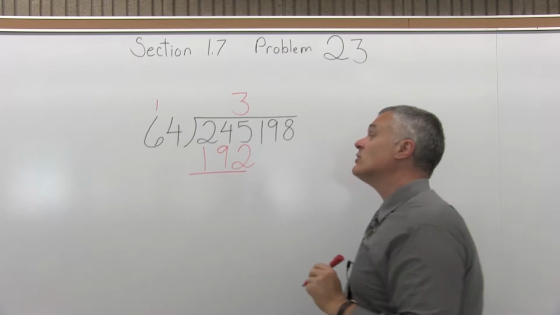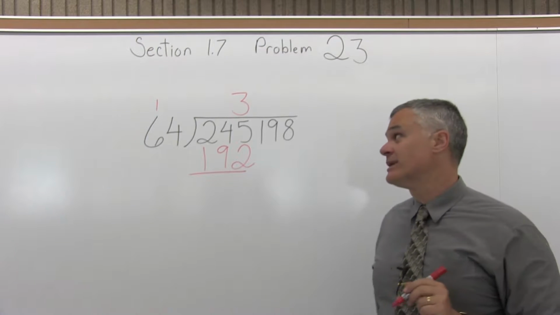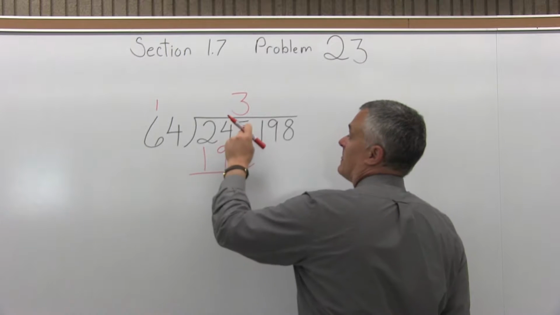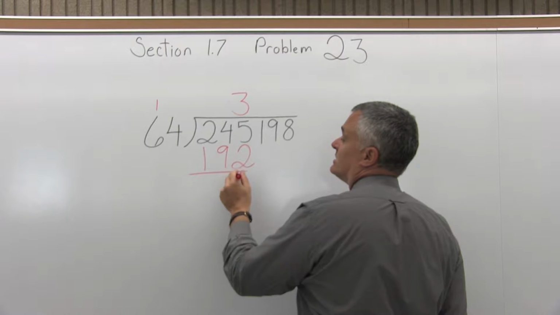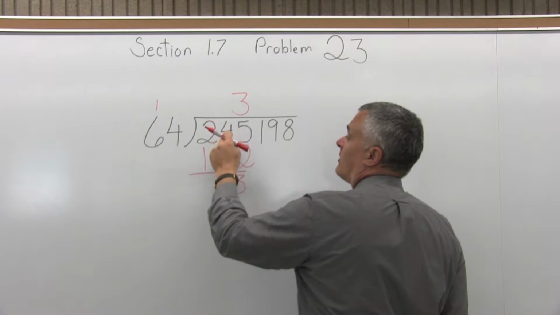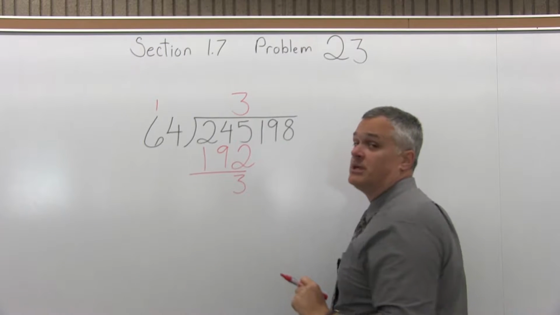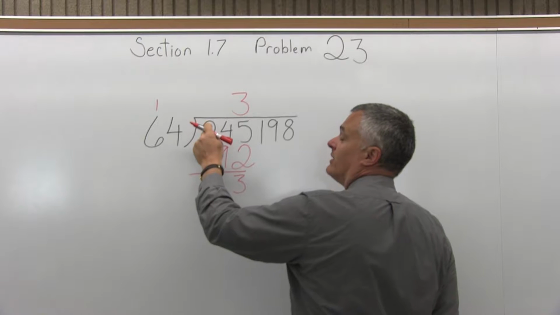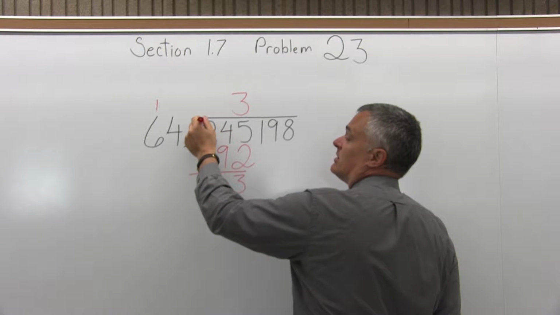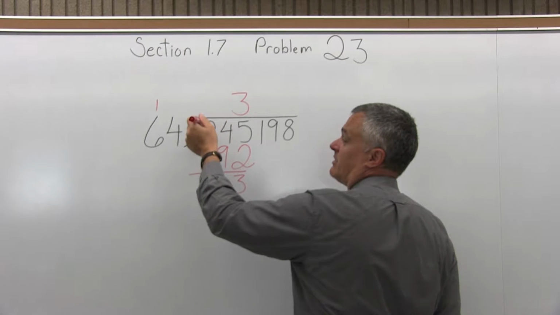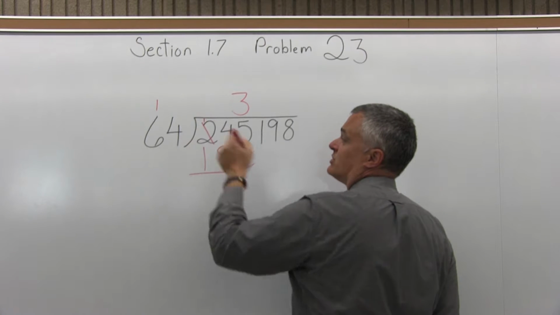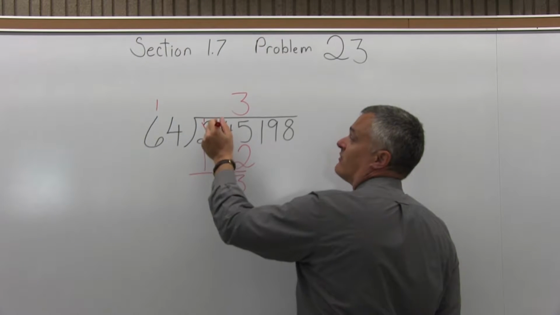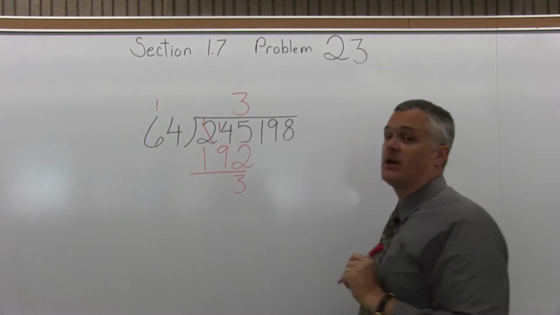Then I have to subtract 245 minus 192. So 5 minus 2 is 3. 4 minus 9, the 9 is too big to be subtracted from the 4, so I'll have to borrow. So I go 1 column of digits to the left, cross off the upper digit, which is a 2, reduce it to a 1, and that 4 can then be turned into a 14.